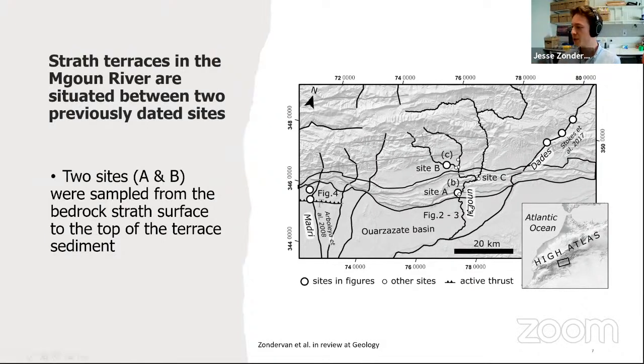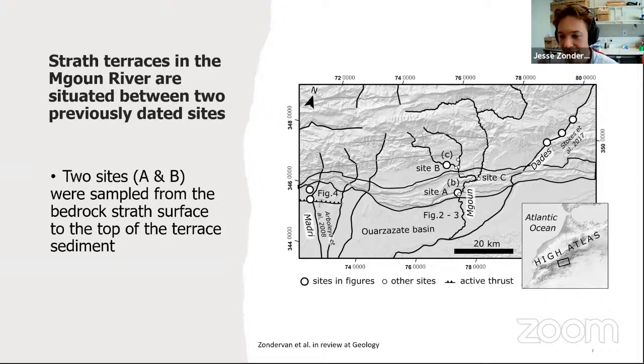But what you see in the Magoon is that because of the rock properties, the rocks are much more erodible in the bottom of the valley, and the sides of the valley are really highly resistant rocks. What you see is that during terrace formation, you have a really wide terrace that goes to the edges of the valley, and then it incises. It's this different style of terrace formation that is important here, maybe for your question.